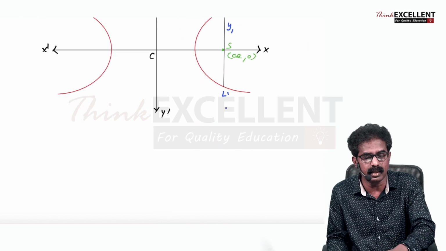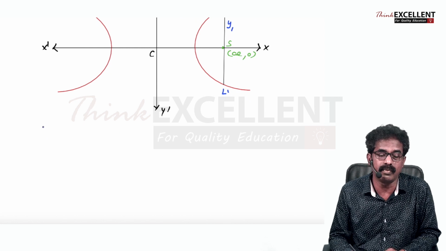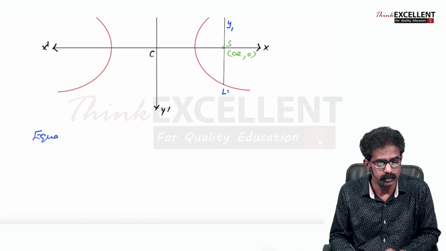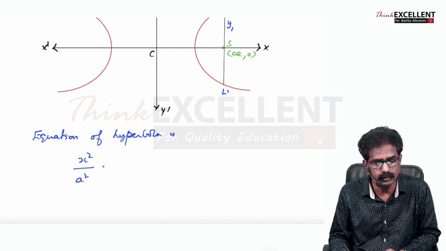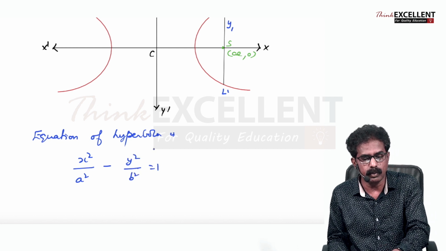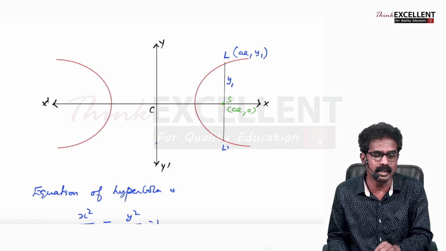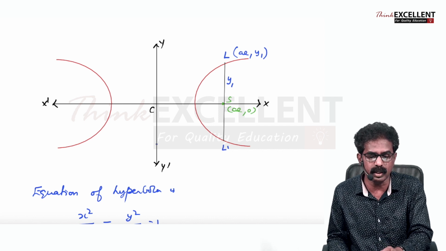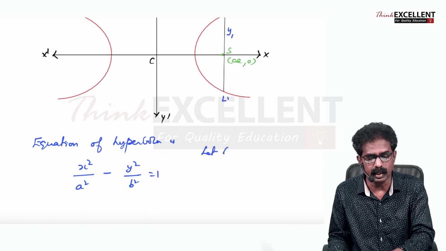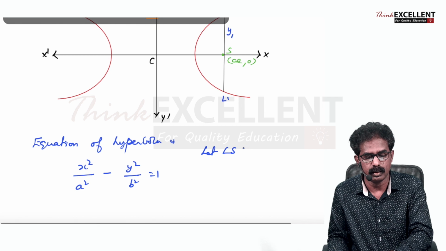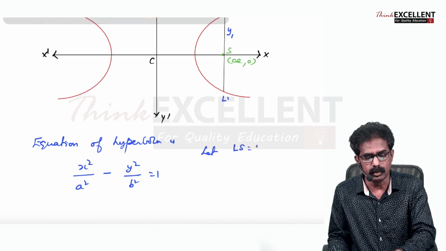So what's the method here? We start with equation of hyperbola. Equation of hyperbola is x square by a square minus y square by b square equal to 1. So now we know a point on the hyperbola. What is that point? AE, y1. Before that you can introduce y1. Let LS equal to y1.